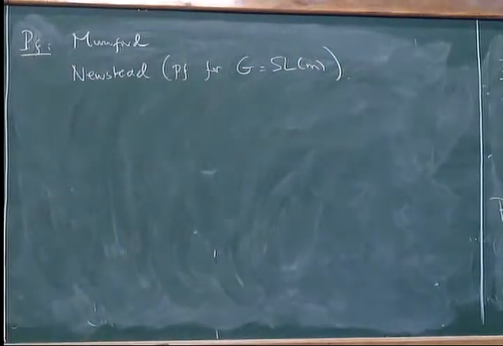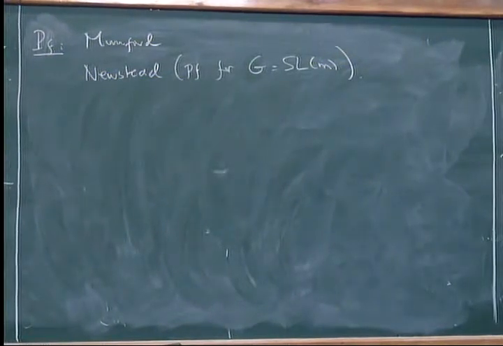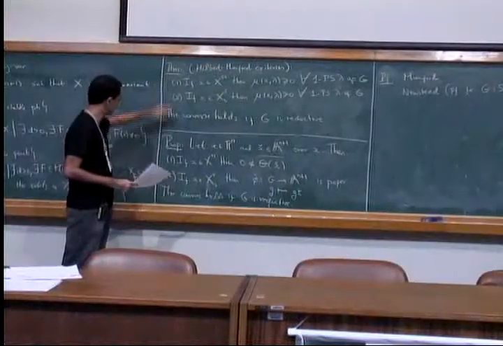It's an elementary proof, which for a lot of purposes is enough, because most of the time in applications the group that appears is SL m.